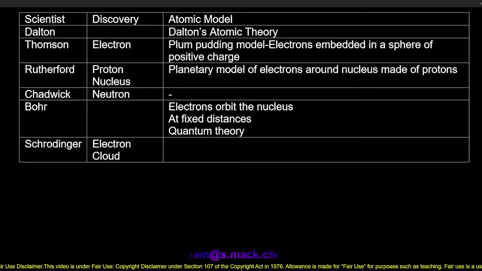We'll start with J.J. Thomson, and Thomson was the scientist to discover the electron. Now, Thomson's experiments involved applying a high voltage to gases at low pressure, and through his experiments, he was able to discover these tiny negatively charged particles called electrons.